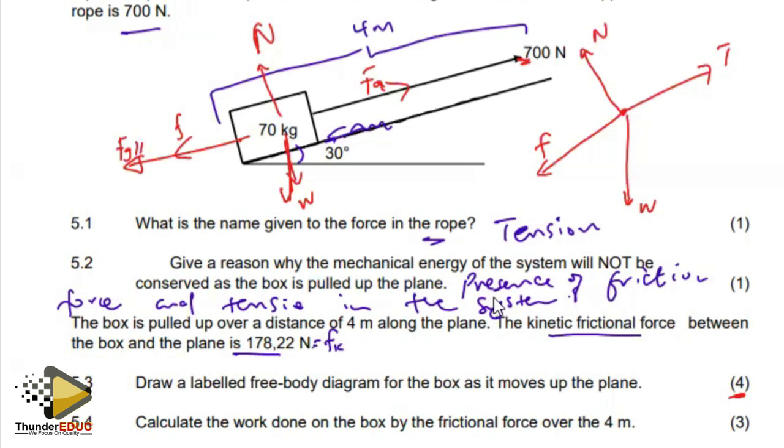Alternatively, you could have the normal force, the tension, and even this component, FG parallel, because it's acting downwards anyway. Our focus is just the motion along the incline. So that is the free body diagram. These two have to be in a straight line.